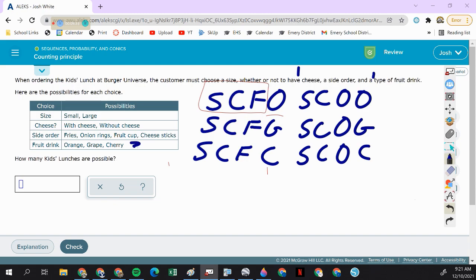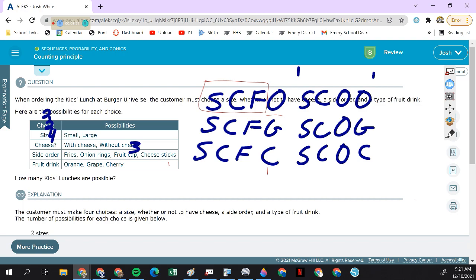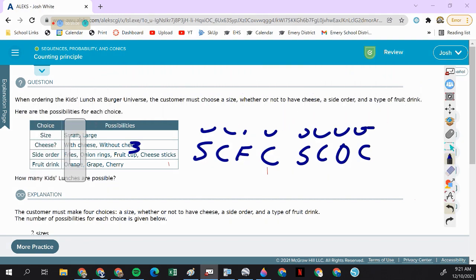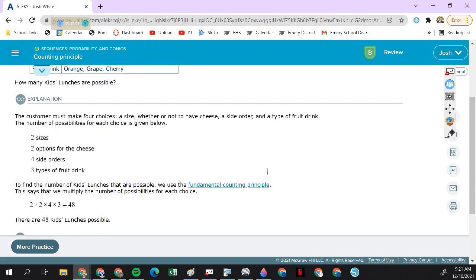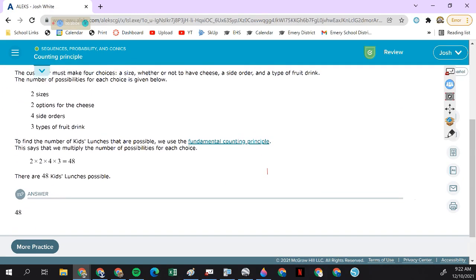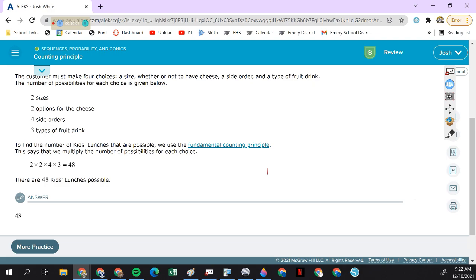So there are 3 possibilities here, and there are 4 possibilities here, and 2 possibilities there, and 2 possibilities there. So the total number of possibilities is 2 times 2 times 4, which is 16 times 3, which is, what is that? 48. Okay, and look at the explanation here. 2 times 2 times 4 times 3 is 48.